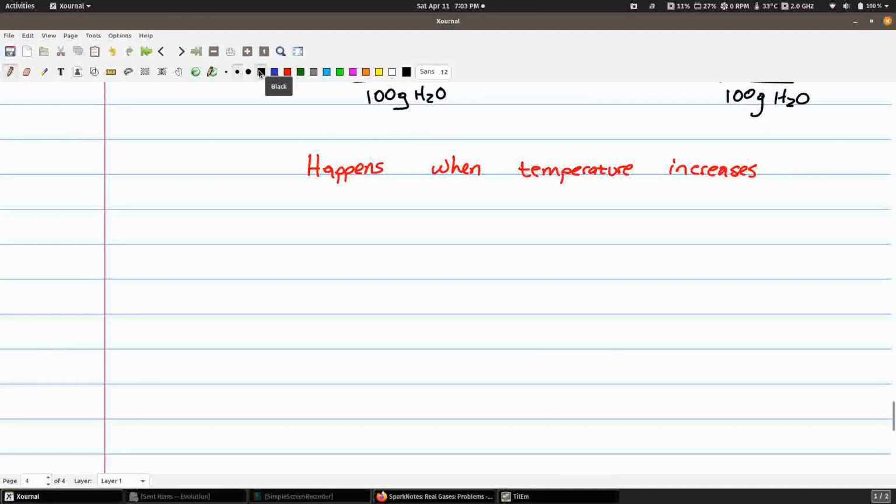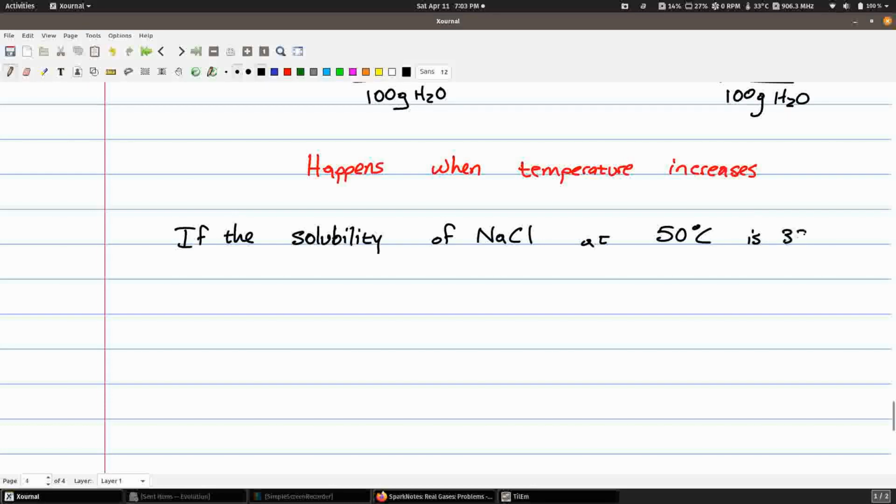So if the solubility of sodium chloride, or table salt, at 50 degrees Celsius is 38 grams NaCl over 100 grams H2O, which solution will be saturated?